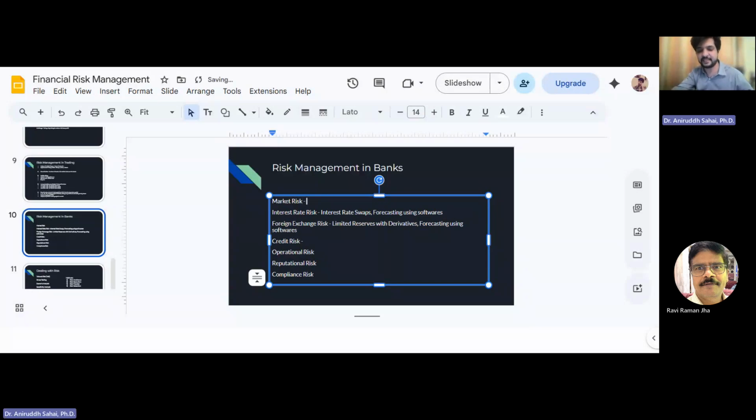Market risk obviously cannot be completely eliminated. If it cannot be completely eliminated, one way could be to keep sufficient contingency reserves. So risk retention is one way.